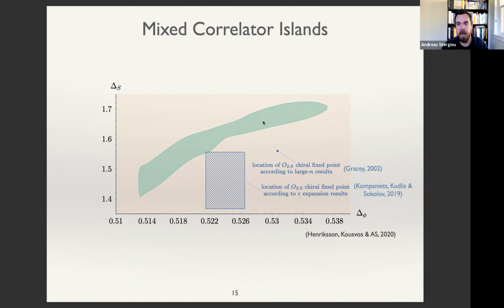So we try to put in as mild assumptions as we could, and then we end up, of course, with a large island. The fact that we get an island with mild assumptions is good, but if you ask for more, then this is the usual problem with the bootstrap, right? If you don't know what assumptions to make, you're going to have a problem.